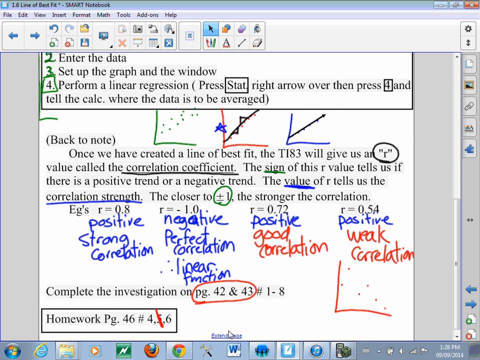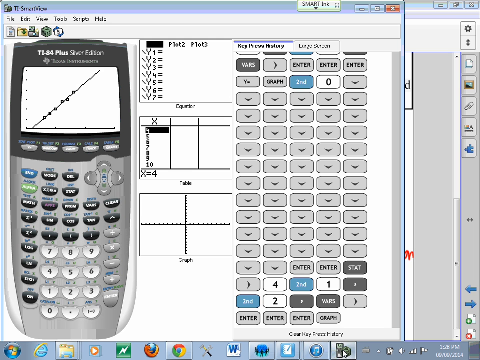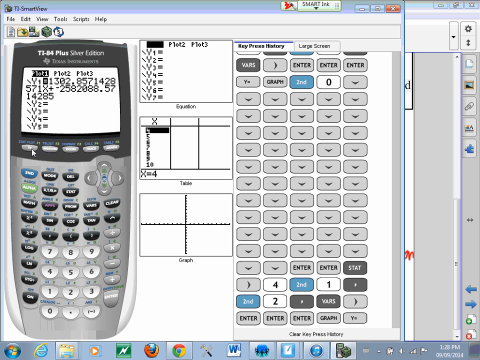And if you forgot, ladies and gentlemen, just so I can go over this, what the equation was, for this relationship, y equals 1302.9x, I'm just going to round it, minus 2,582,088.6 liters.